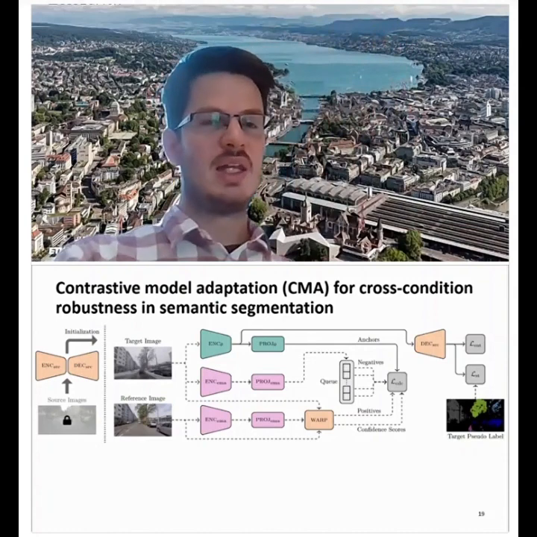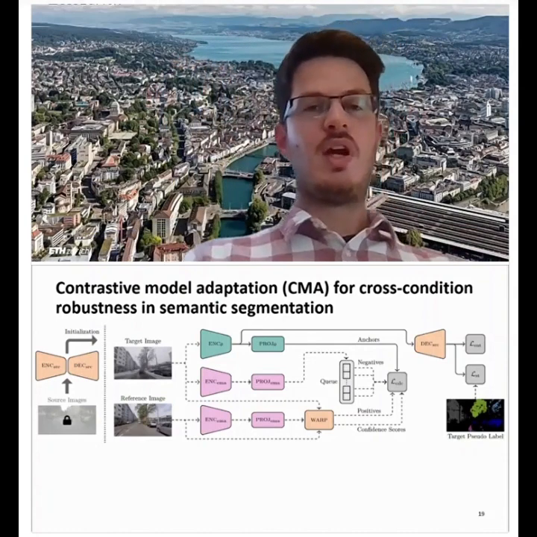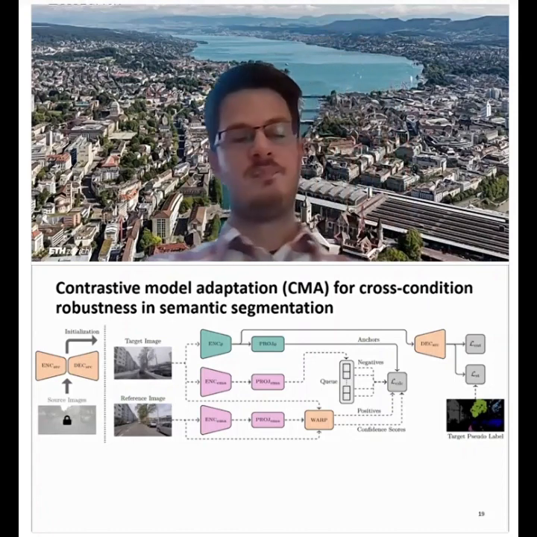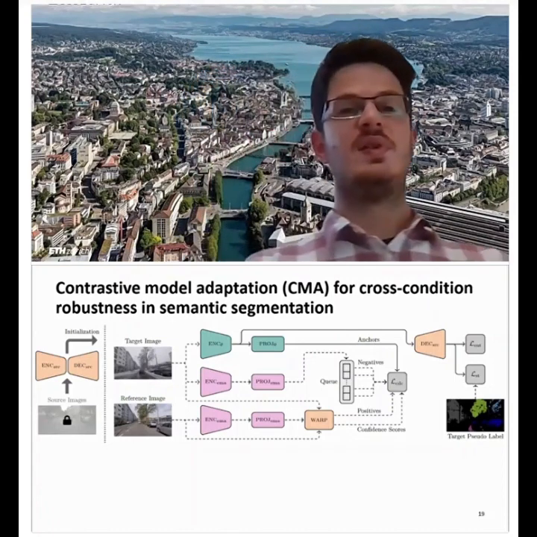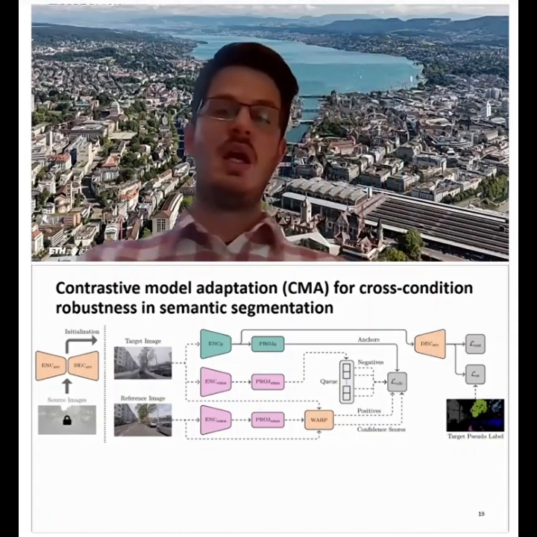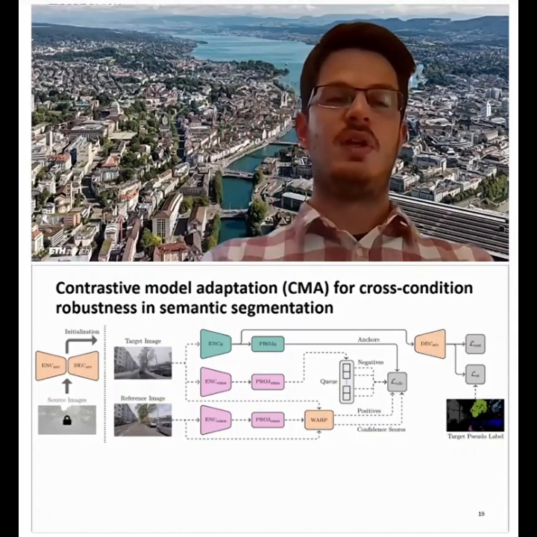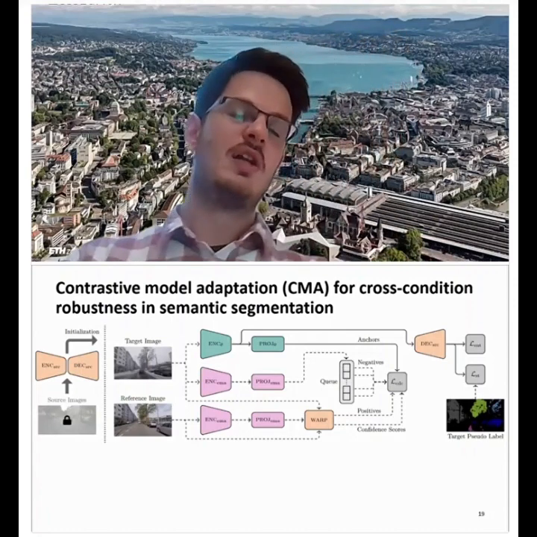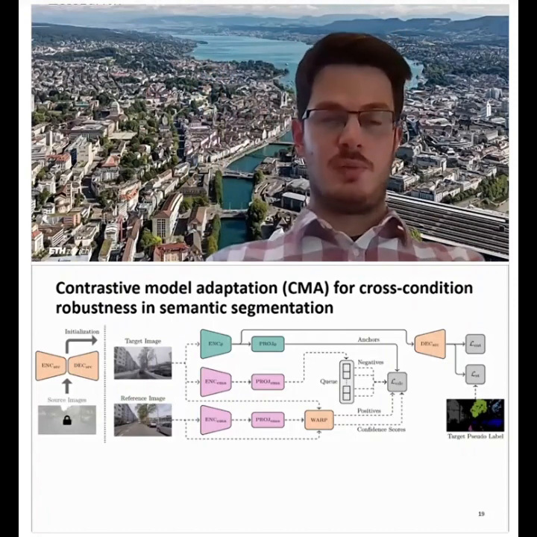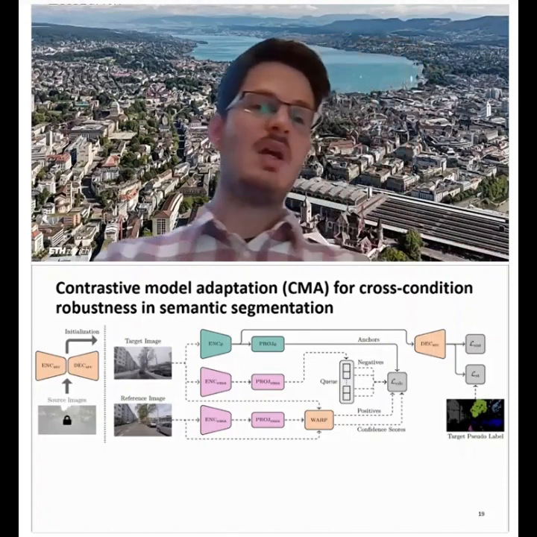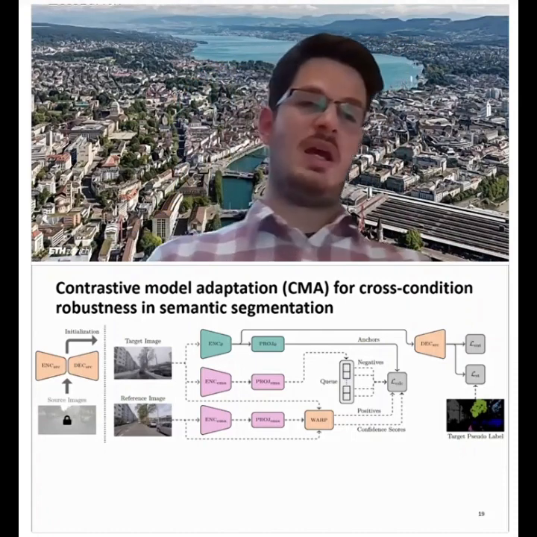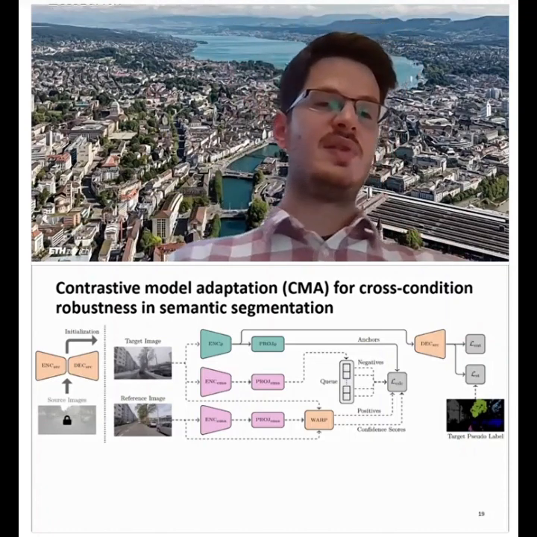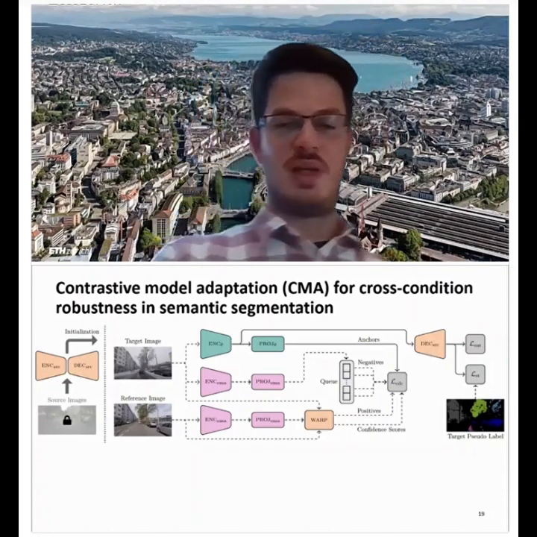And I will very quickly come to the last part of my talk, where I will cover our work on contrastive model adaptation, or CMA, for cross-condition robustness in semantic segmentation. Here, instead of the standard unsupervised domain adaptation setting, where we assume that there are also source images available at training time, in this case, we don't have any source images available at training time.